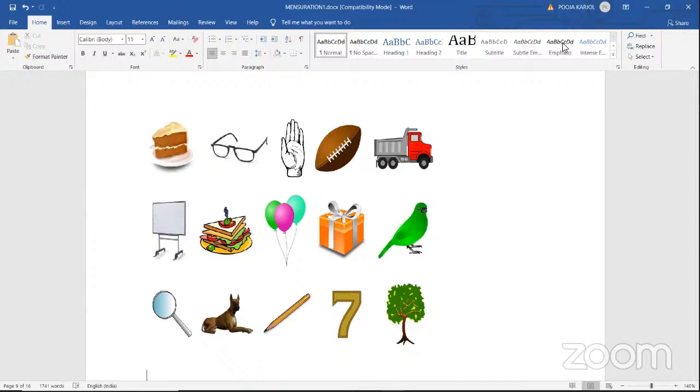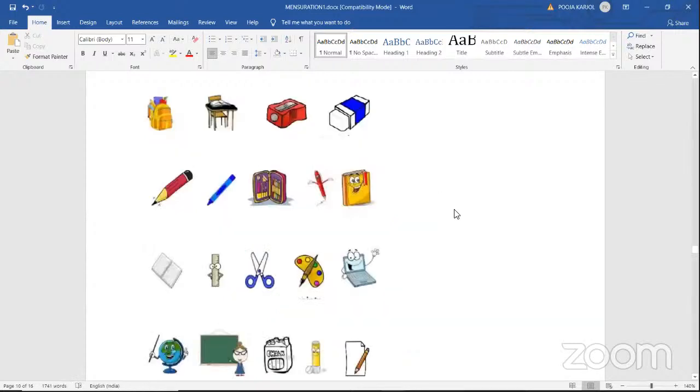Okay. Fine. There's one more picture. Okay, we'll do that exercise. Keep your pen and paper ready. I'll reset the timer. Okay, I'll start in now. Start.